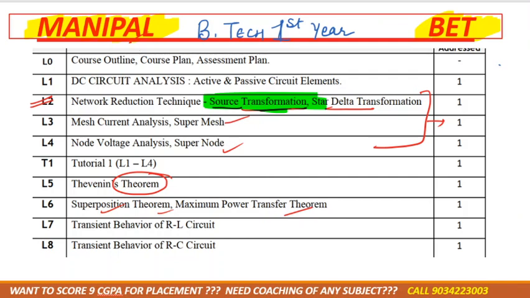Now after that, our next topic is delta transformation. One thing is that either they'll give you a question based on source transformation or based on delta star. Both kinds will never come, but it's up to them what they will give, right? Have to study all this.